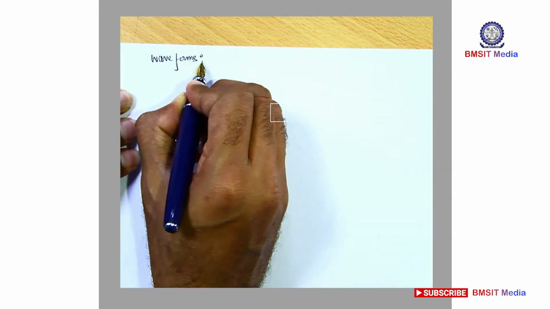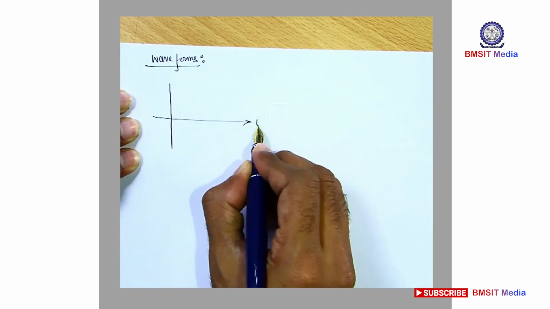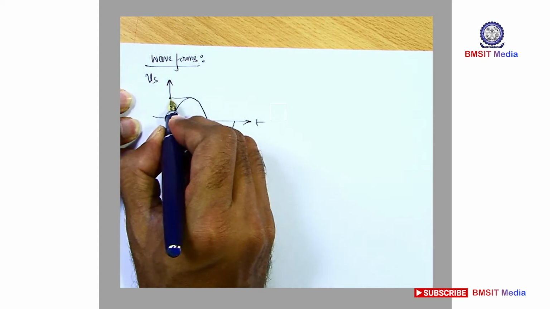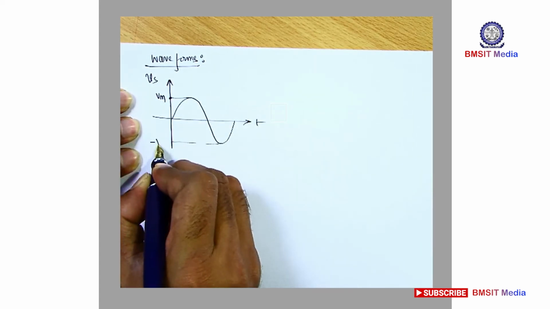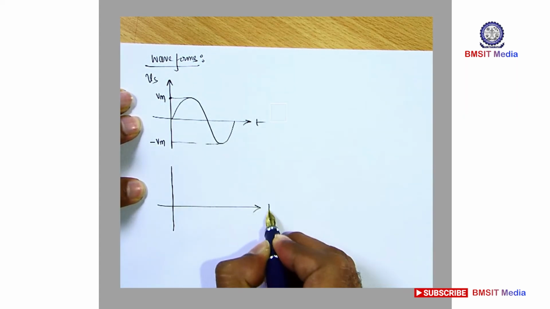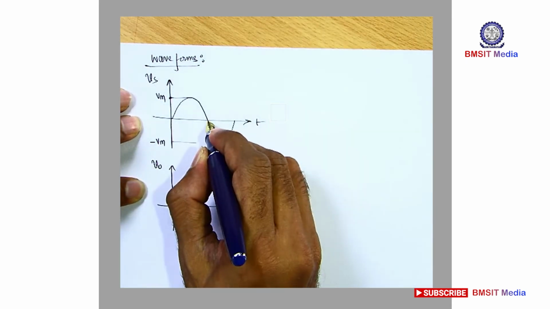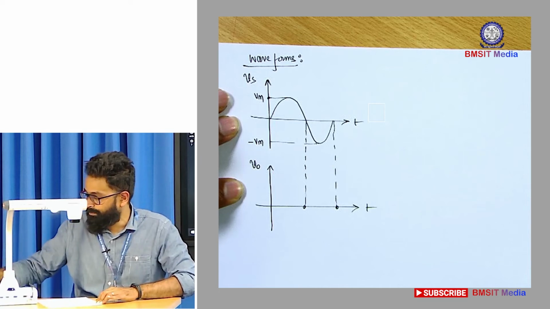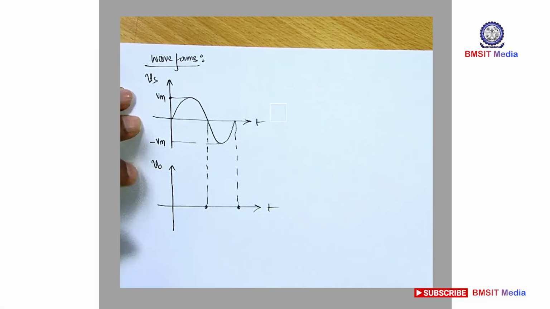So let's plot the transfer characteristics as well as the input-output waveforms. So your input Vm, minus Vm, and this is for your output. You have to draw the threshold voltage over here.